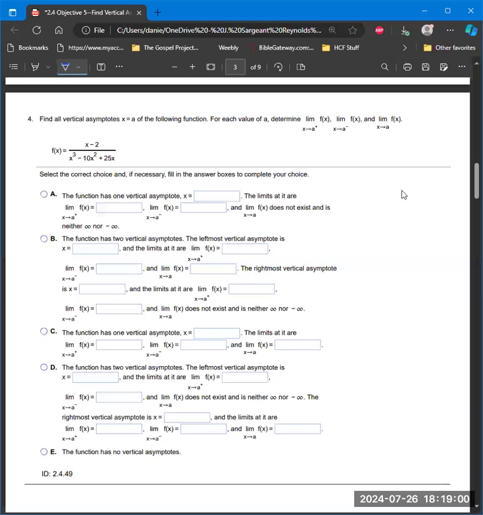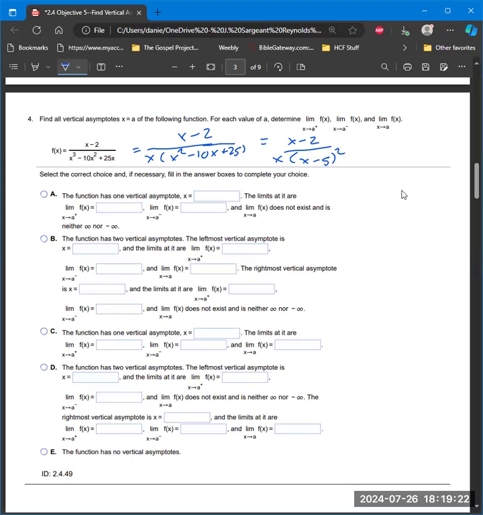Let's see here. This is x times x squared minus 10x plus 25, so minus 2. x minus 2 over x times x minus 5 quantity squared. No holes. There's two vertical asymptotes.